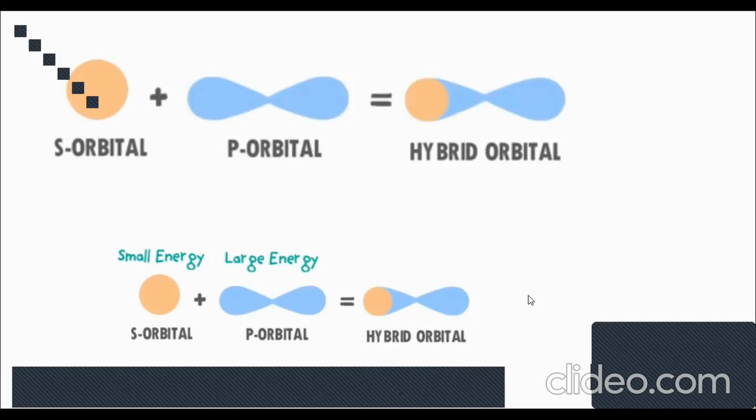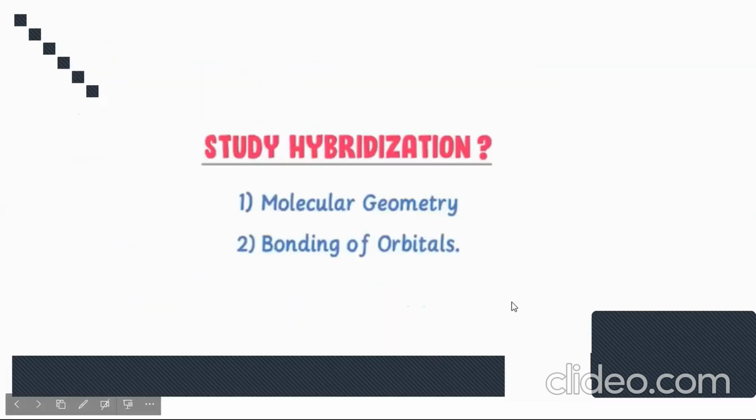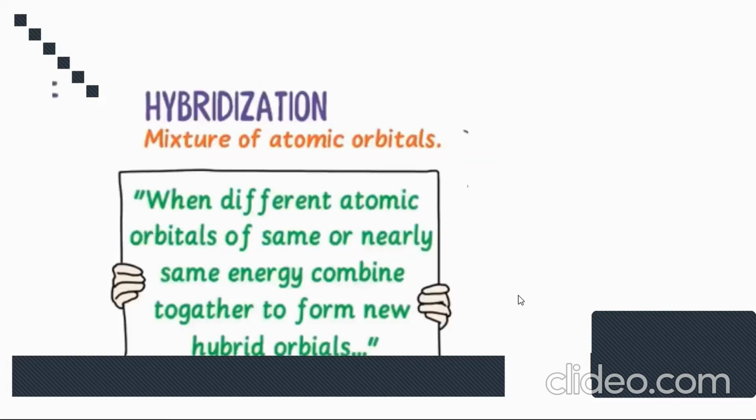So why are we studying this hybridization? In order to know the molecular geometry of any compound, or bonding of orbitals can also be determined by using this hybridization. It is the mixture of atomic orbitals, that is, different orbitals of same or nearly same energy.